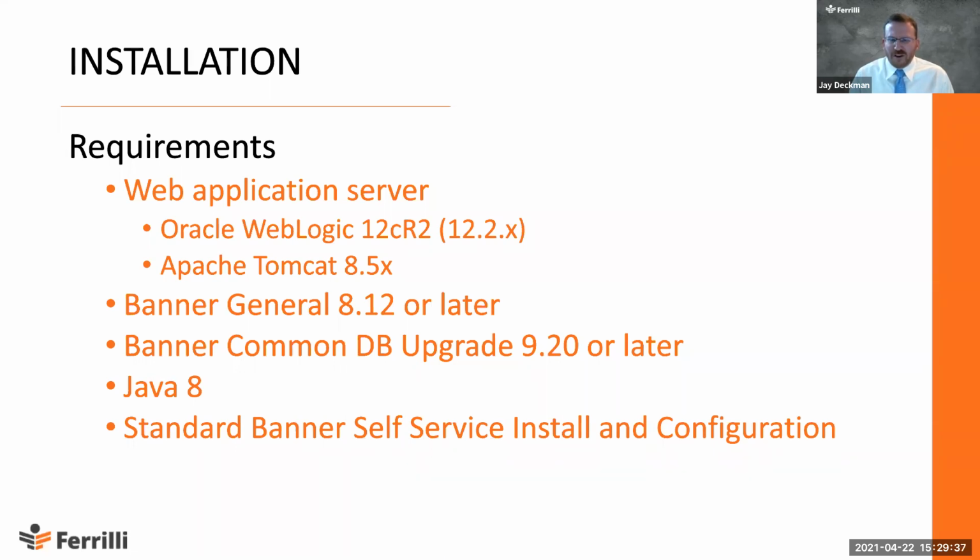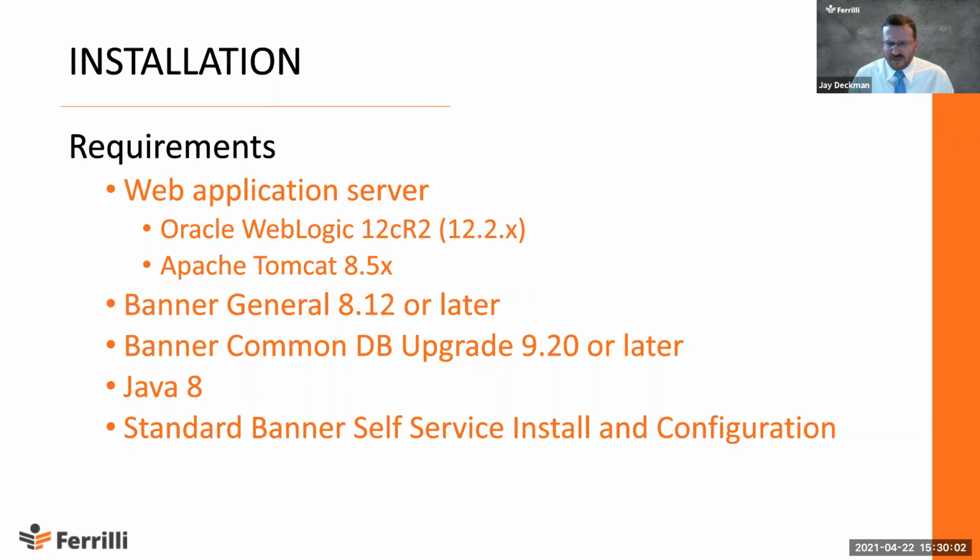So the reason why I'm not going to go too much into the installation is because this is pretty much a standard Banner self-service installation. You have to install the WAR file, you have to make some customizations to it for your institution, and you're pretty much done. There are some BCM specific ones, and we'll talk about them next. I just wanted to go over real quick the basic requirements for getting Banner self-service set up.